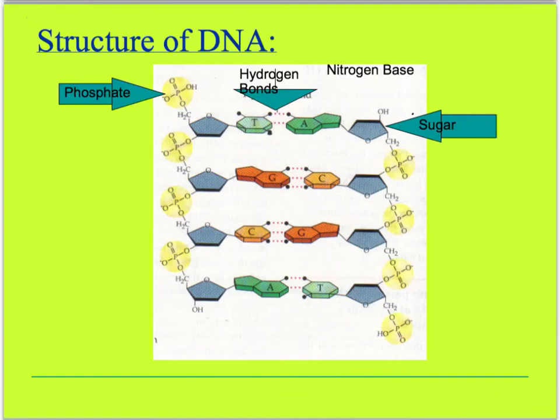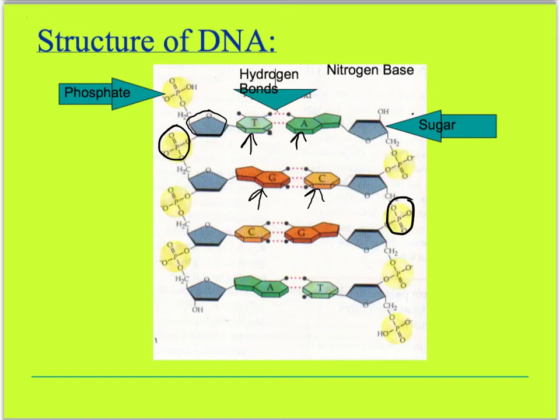Okay, we're going to cover a couple quick things about structure and then be done. Structure of DNA. Looking at it now that we've talked about the phosphate, sugar, and nitrogen bases. Zooming in on one section would look like this. You have your phosphates on the side, they're the yellow circles. You have the sugar, and then you have your A's, your T's, your C's, and your G's, the nitrogen bases, base pairing.